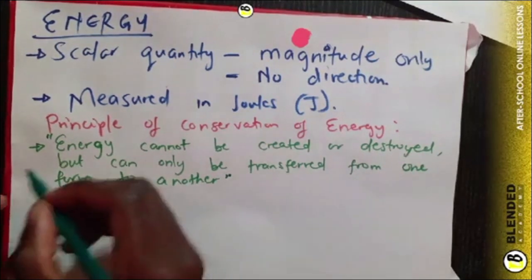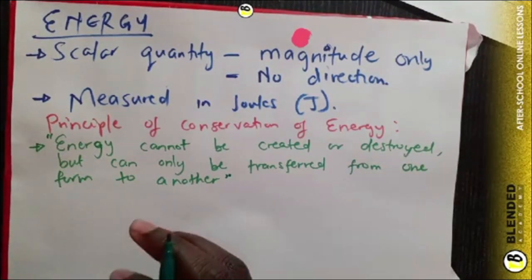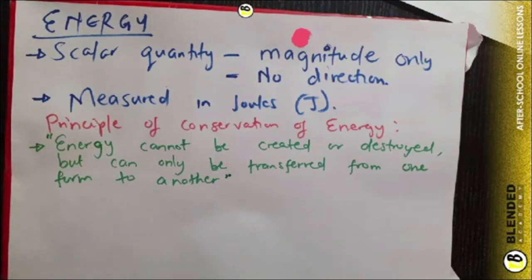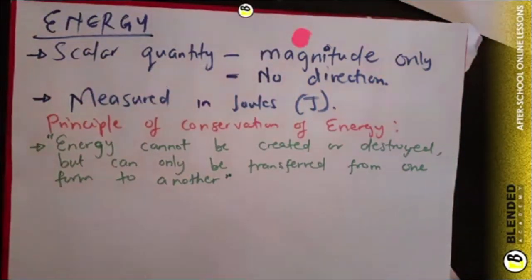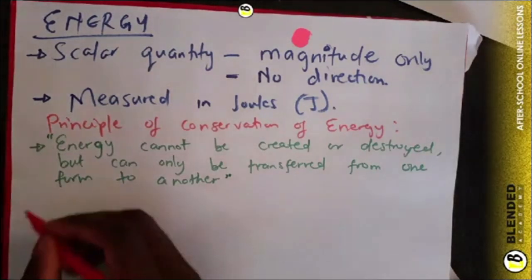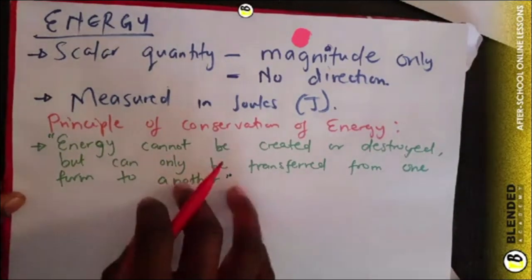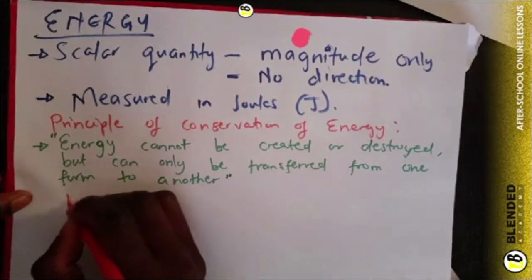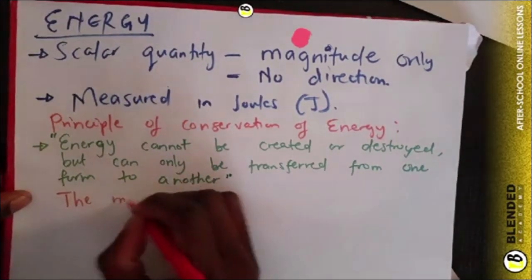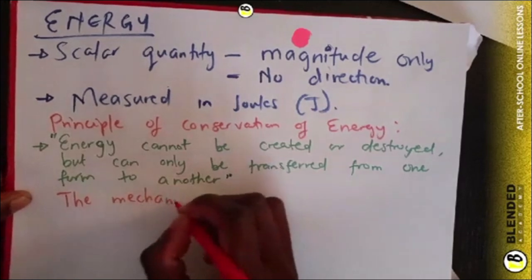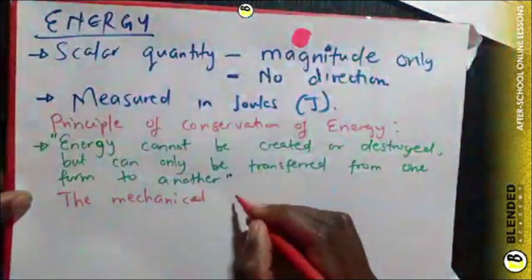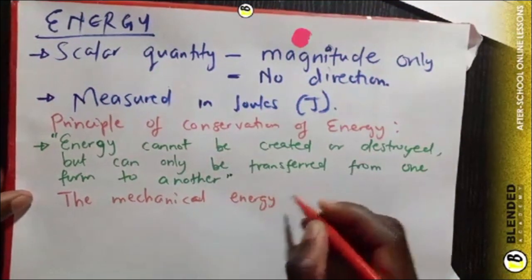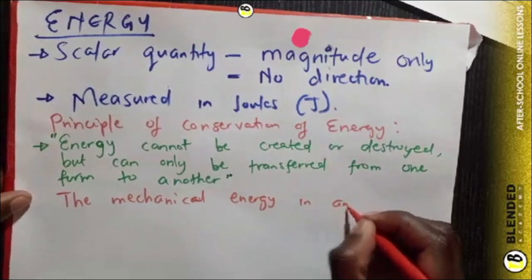And also there's another way of stating this principle. You can state it in terms of mechanical energy. And let me just get a different color there so you guys can see it. So under the same principle, you can say in simple terms, the mechanical energy in an isolated system is conserved.